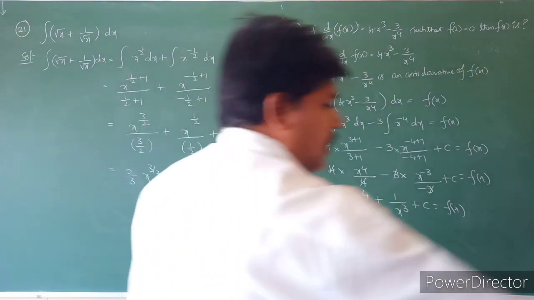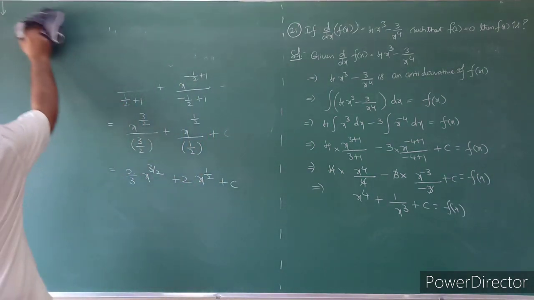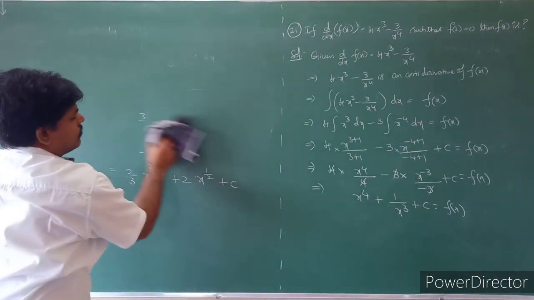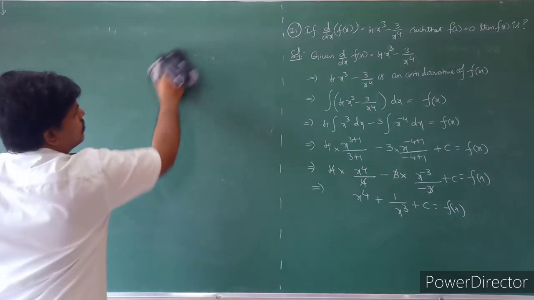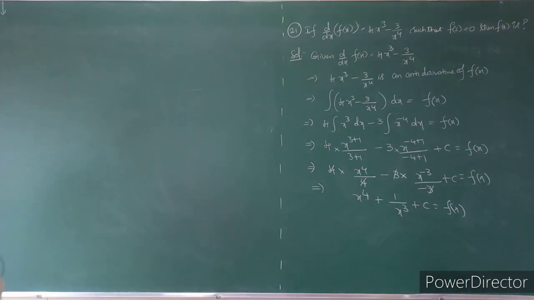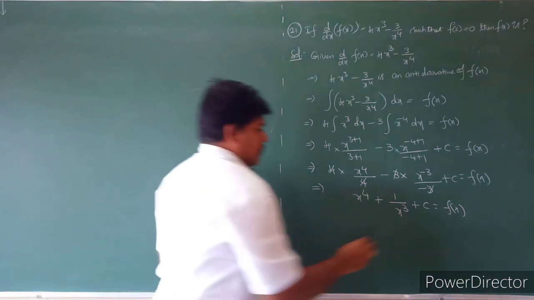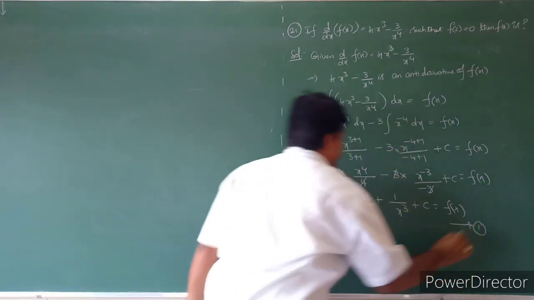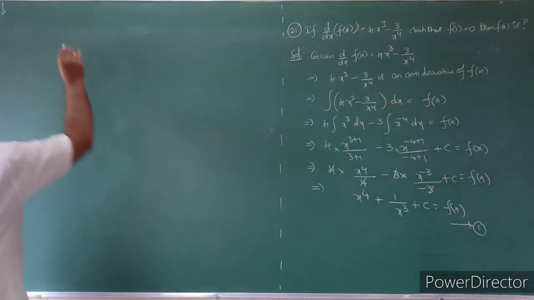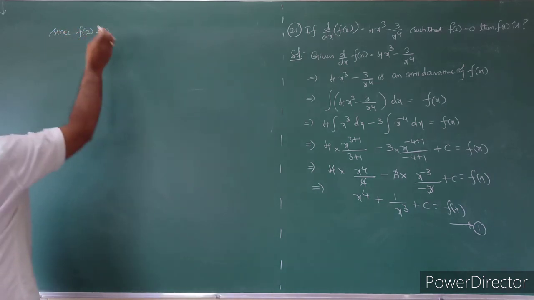So they have already given that in the question. What have they given? Since f of 2 is equal to 0, take this as equation number 1.